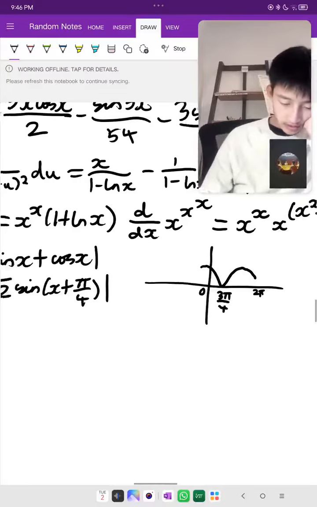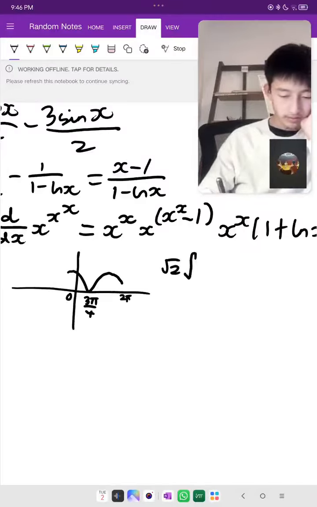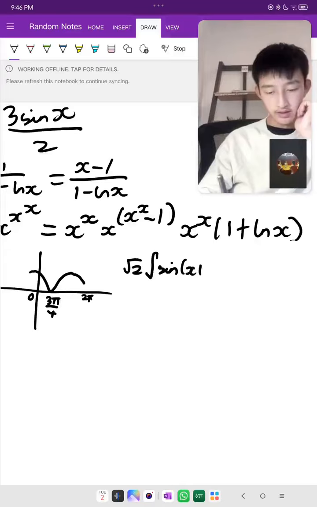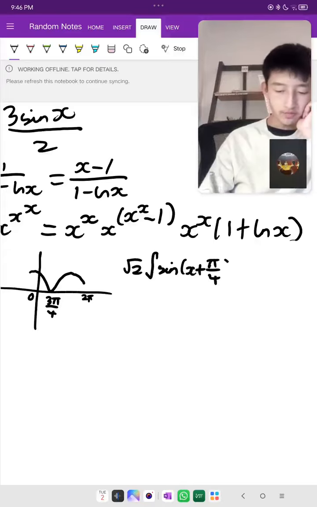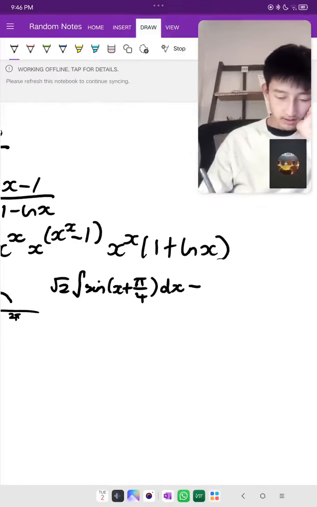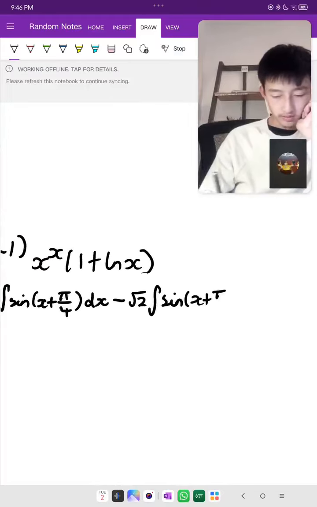So I think the integral of this should just be root 2 times the integral of sine x plus pi over 4 dx, then minus root 2 times the integral of sine x plus pi over 4 dx.